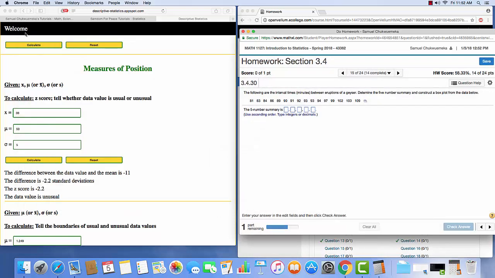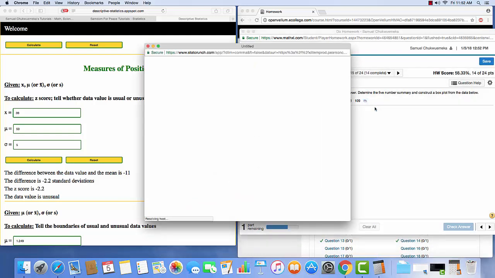I'm gonna close this. Next question, question 15. The following are the interval times in minutes between eruptions of a geyser. Determine the 5-number summary and construct a box plot for the data below. So I will just open this data in StatCrunch.